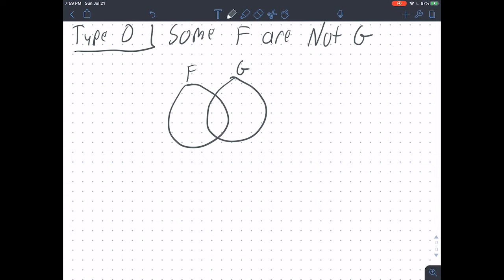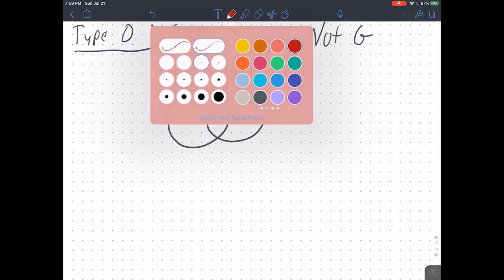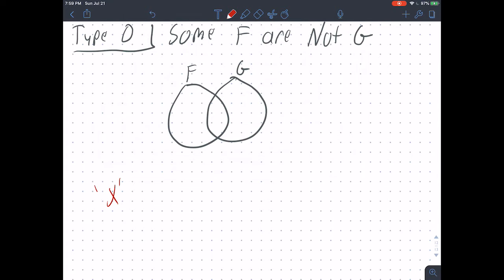So some F are not G. Remember that the X indicates non-emptiness. And so to say that some F are not G, we would put a little X right here. What that tells us is that there's something that's an F that's not at the same time a G, right?